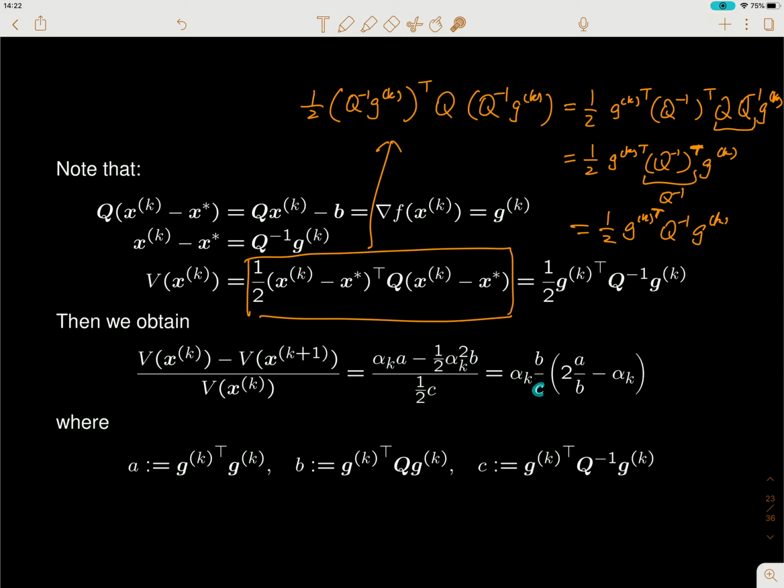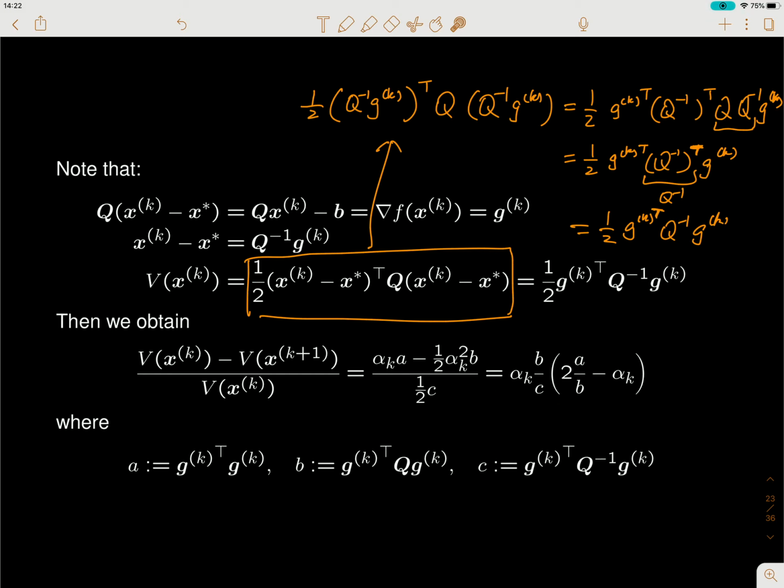So c is the common denominator for both of the terms, so I can extract it without problem. And also there's a b, so the first term doesn't have b, so I have to divide it by b. And the second term is just alpha k squared times b, but b is moved out, the alpha k is moved out, and the 2, as we said, we multiply on both numerator and denominator. That's how we got to this point.